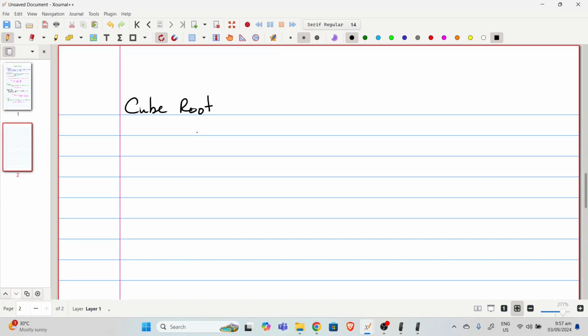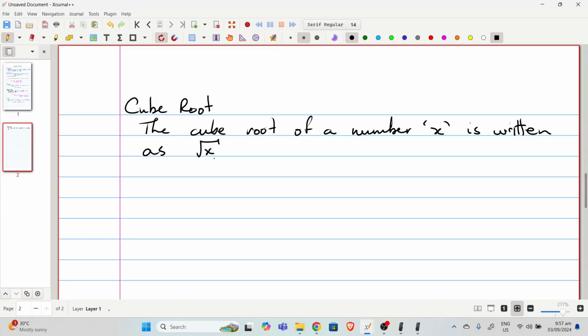The cube root of a number x is written the same way as the square root, but you put a 3 over here. Or the other way that we can represent the cube root is by x to the 1/3 power.